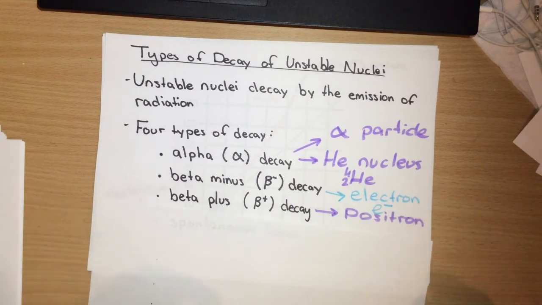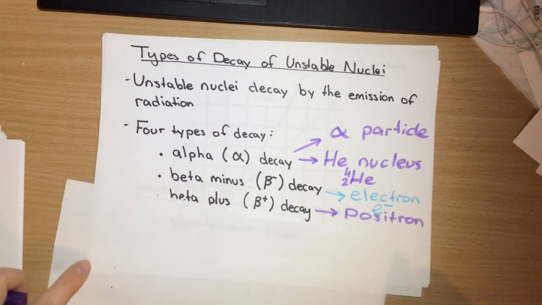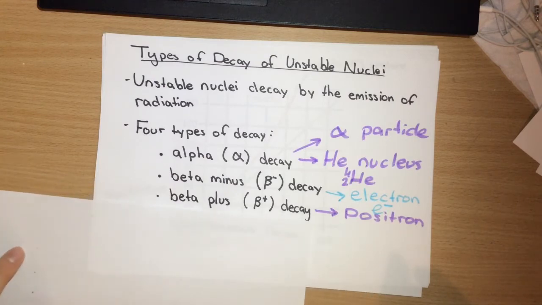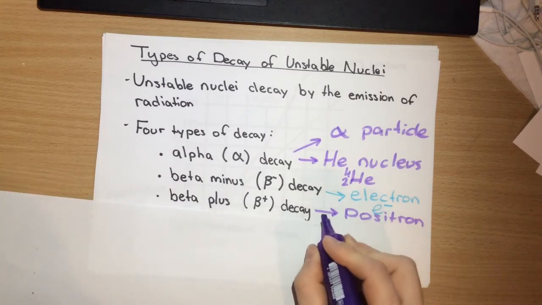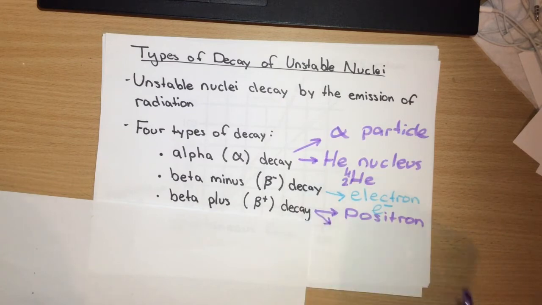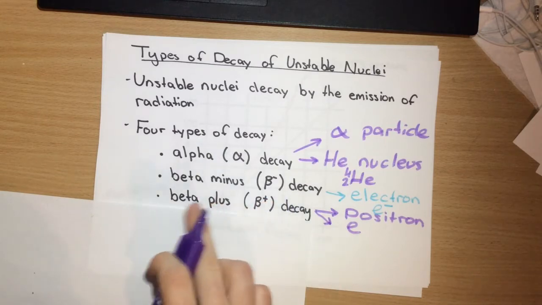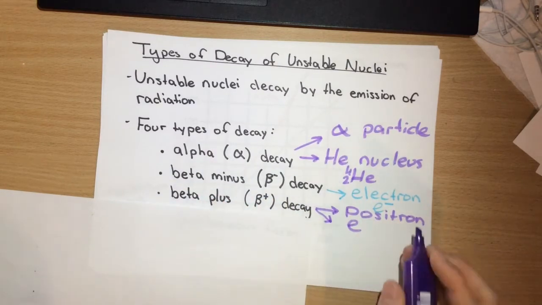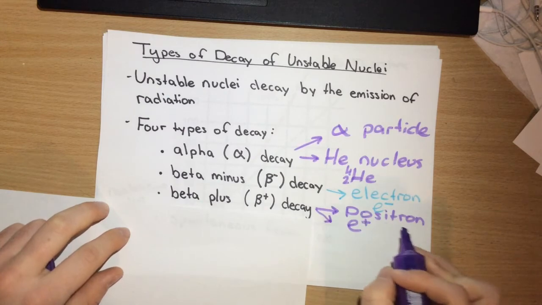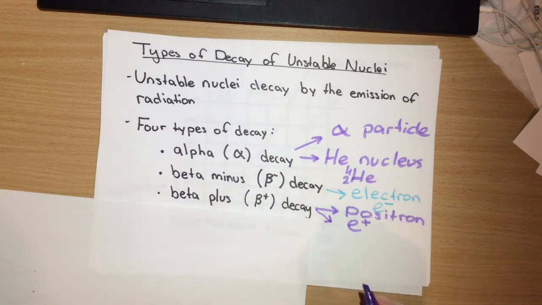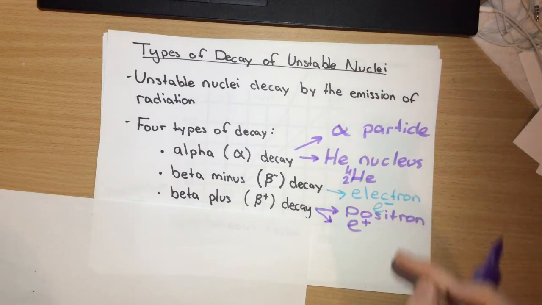We haven't really used this term formally, but basically a positron has exactly the same properties as an electron. We give it an e, but as it suggests here, it's beta plus, and it's called a positron. It has positive charge. So it's exactly the same as an electron, same size, same mass, same everything, except positive charge.